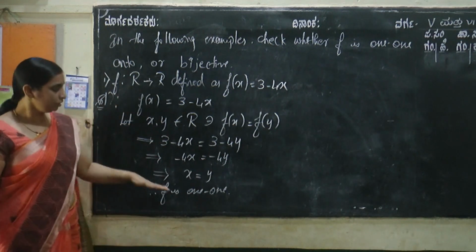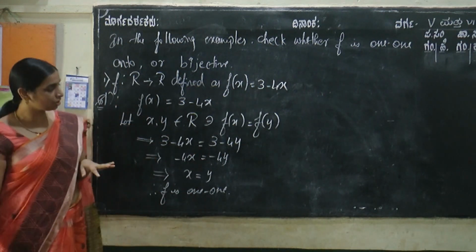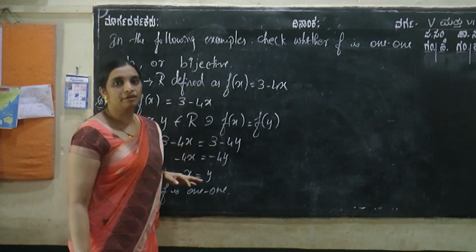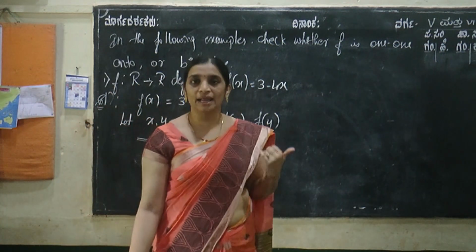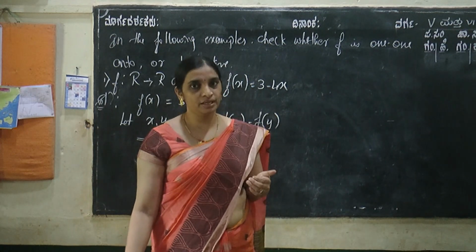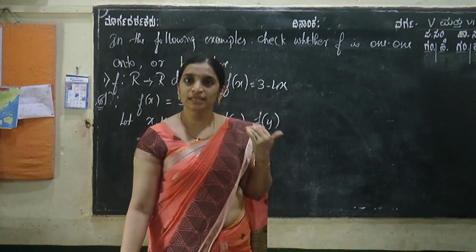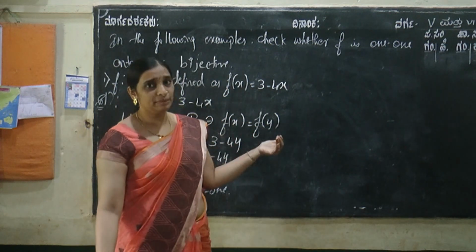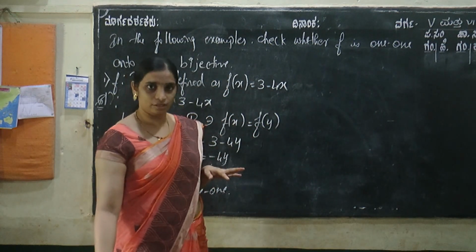Now how to check whether the function is onto or not? For that purpose what we do? We will take one random element in the codomain and we will check whether that random element in the codomain has a pre-image in the domain.